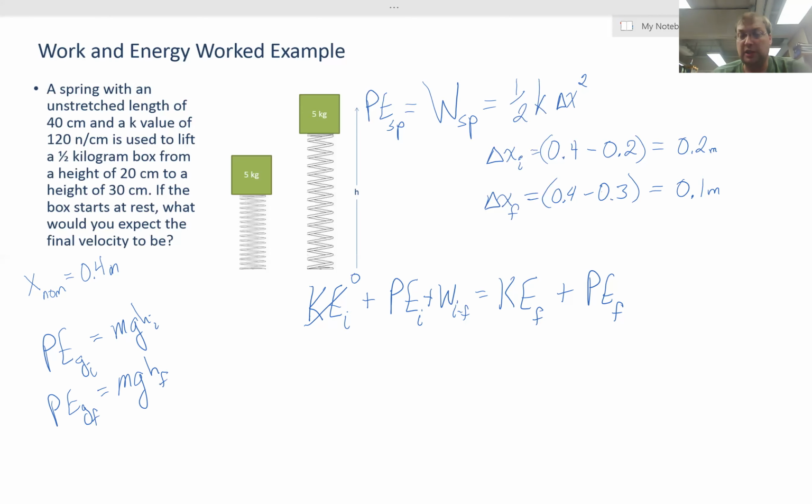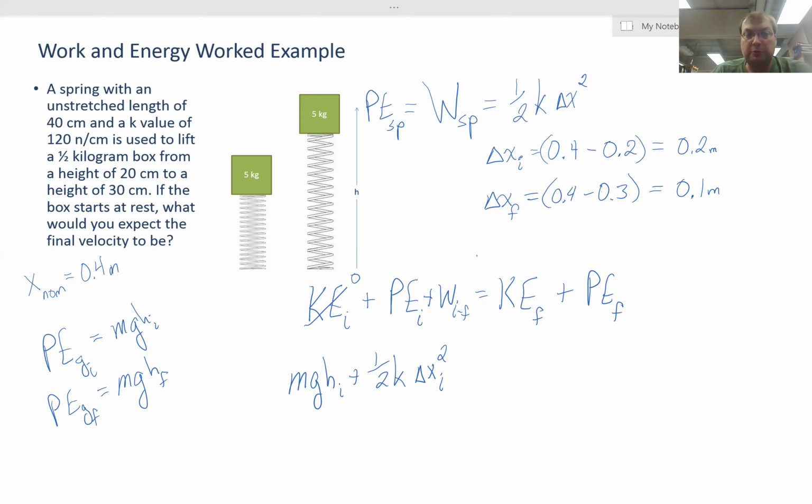And there is a motion, and therefore a velocity, at the end. So the potential energy initially is mg times the height initial plus 1/2 k times delta x initial squared.